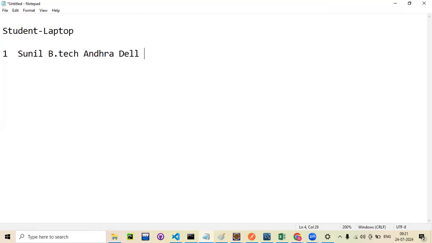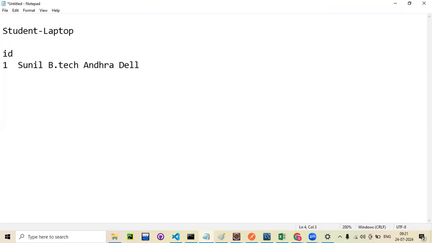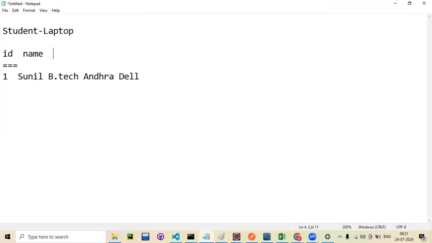So here in the student table, we need to mention what kind of laptop he is going to use. This is the ID, name, education, state, and laptop type.